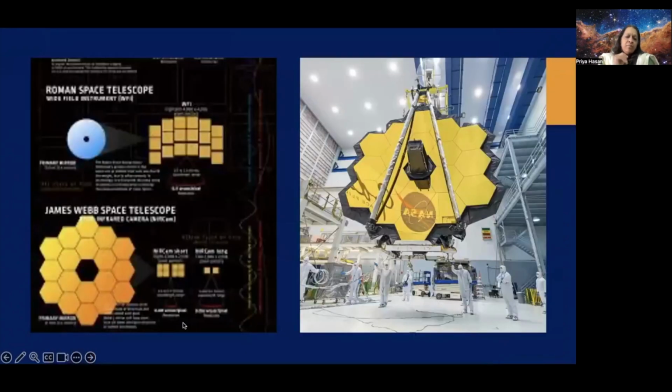And then we talk a little bit about the future, that you have the Roman Space Telescope, which would be the successor to James Webb, and a little bit about Hubble, because many of them have heard about Hubble, comparing James Webb with Hubble. Another very important essential thing about development in science is the engineering or the instrumentation of these instruments, that this is really cutting-edge instrumentation and engineering and the kind of things that have been used for James Webb.